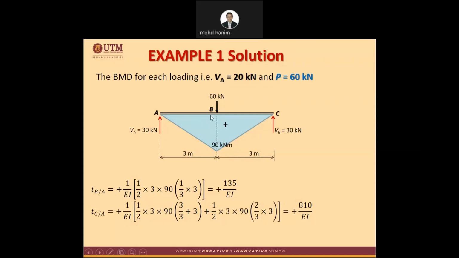for this area, and for this area, it is half times 3 times 90, but this is the centroid, 2/3 of 3 here, equal to 810 divided by EI.